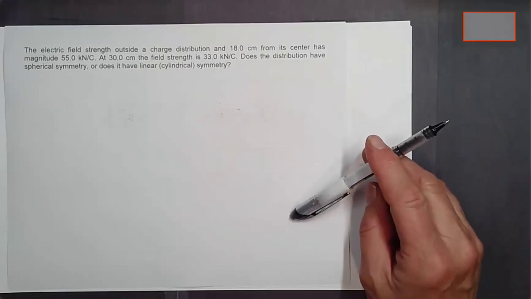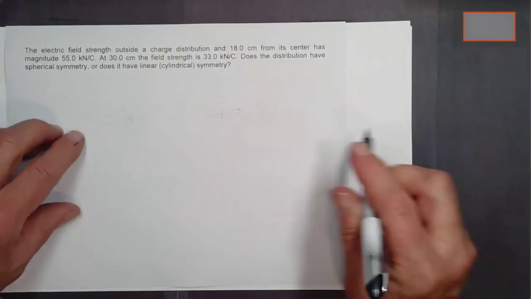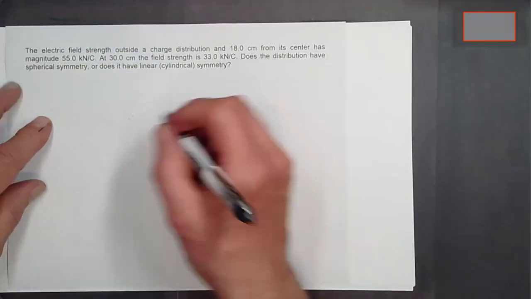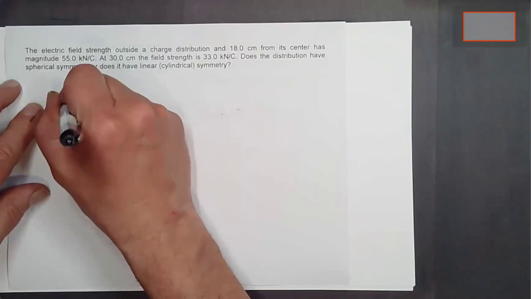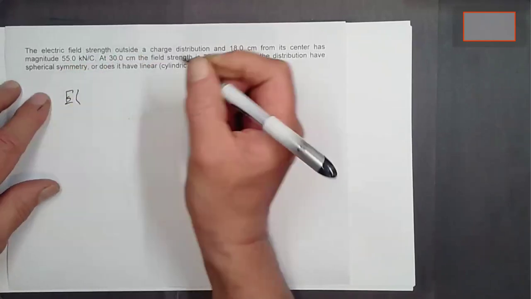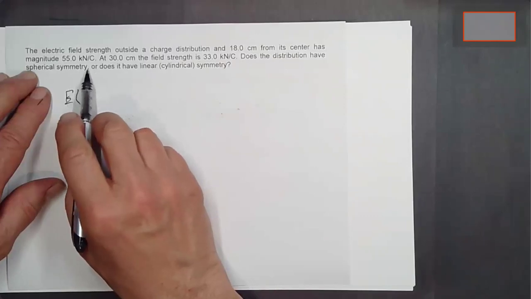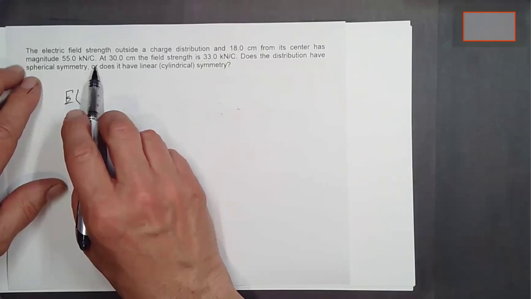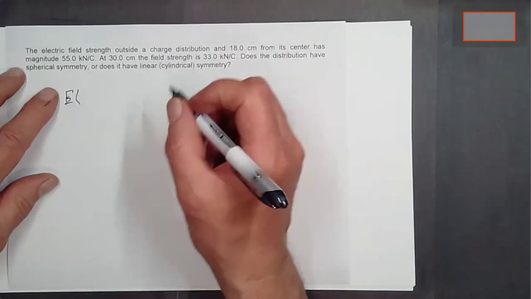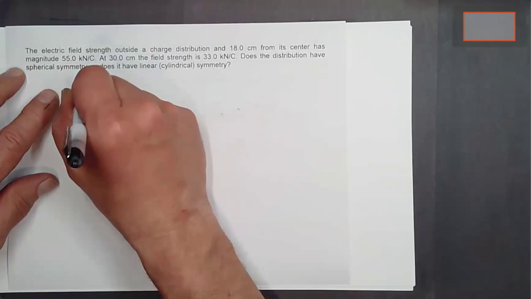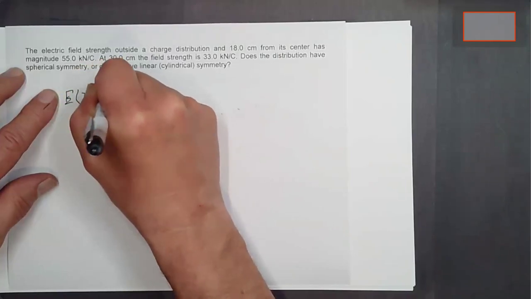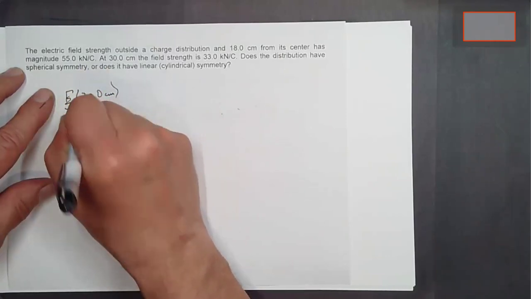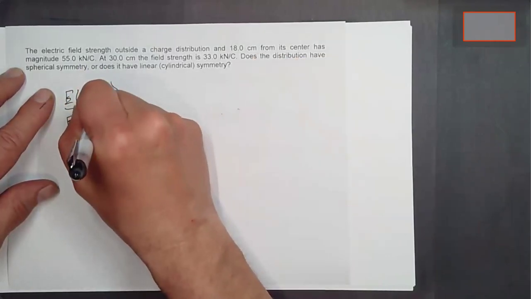Well, here's what's going to happen. If it's got spherical symmetry, then you'd be taking E of 30 centimeters, I think I'll put the big one on top, divided by E of 18 centimeters.